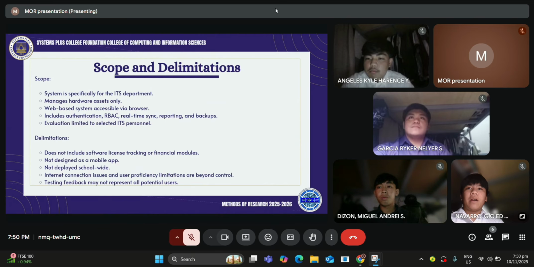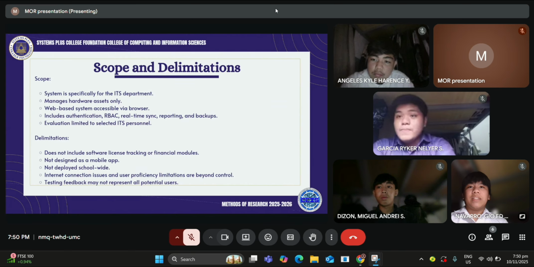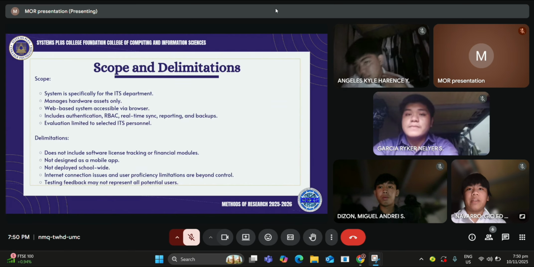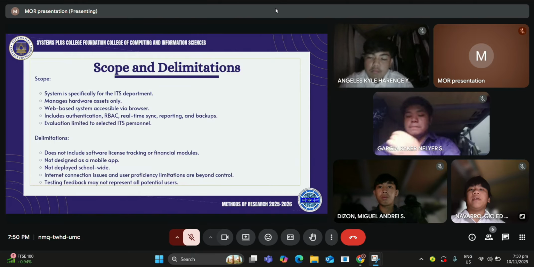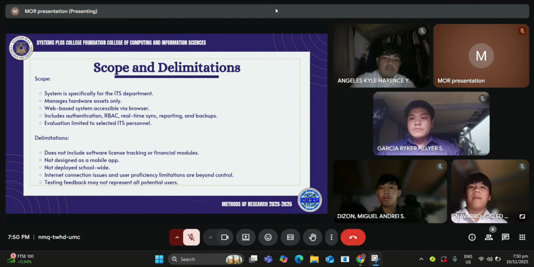The scope of our study focuses on the design, development, and testing of the remote accessible inventory management system for the ITS department. The system will include a centralized database, role-based access control, real-time data updates, automated reporting, and secure data backup mechanisms.